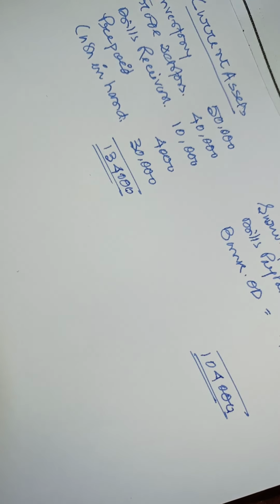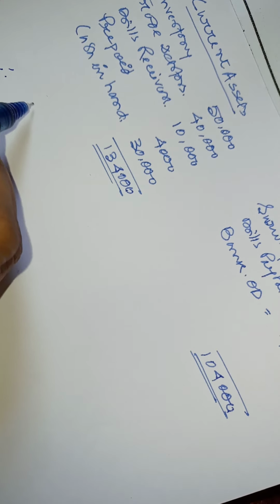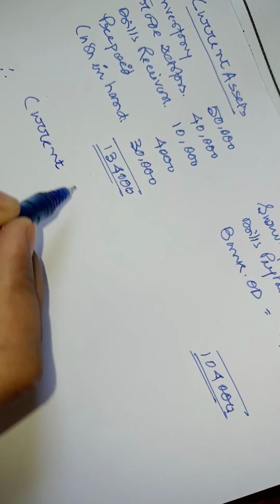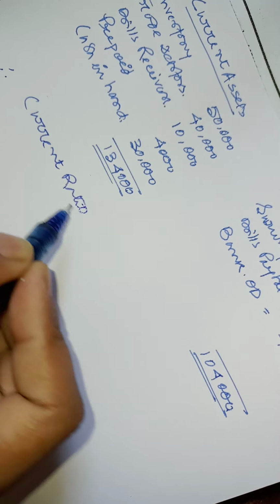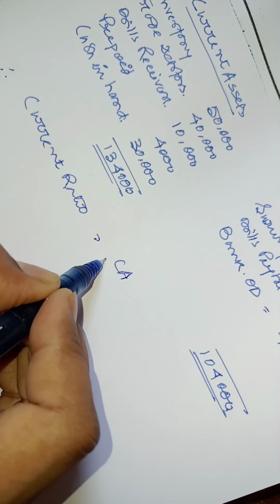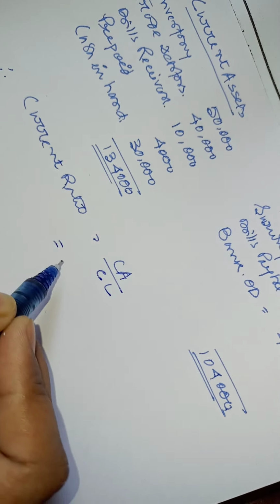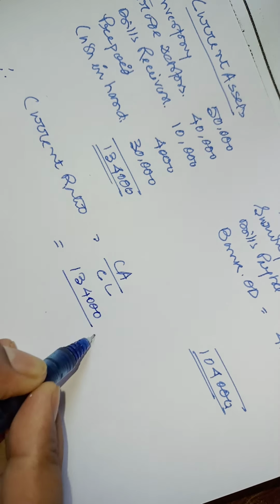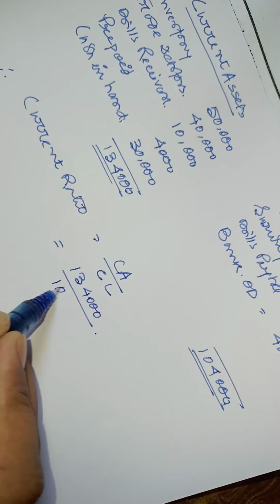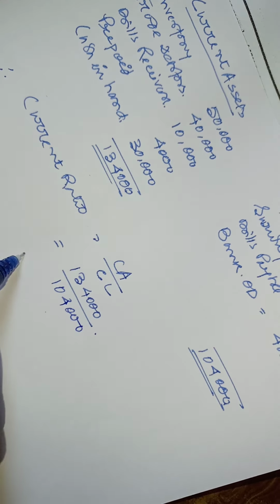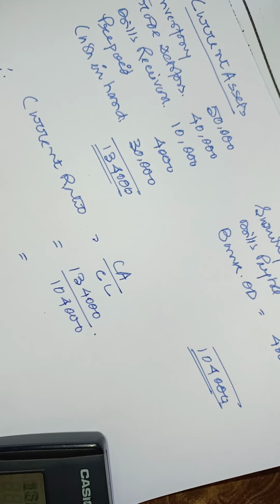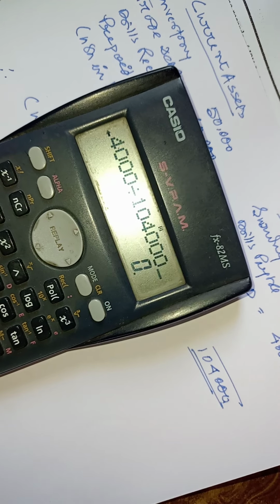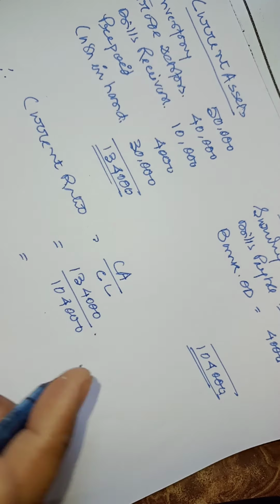So what is the formula of the current ratio? It will be current assets by current liabilities. Our current assets is 1,34,000 by current liabilities 1,04,000. So as a result, the answer will be 1,34,000 divided by 1,04,000, 1.288.